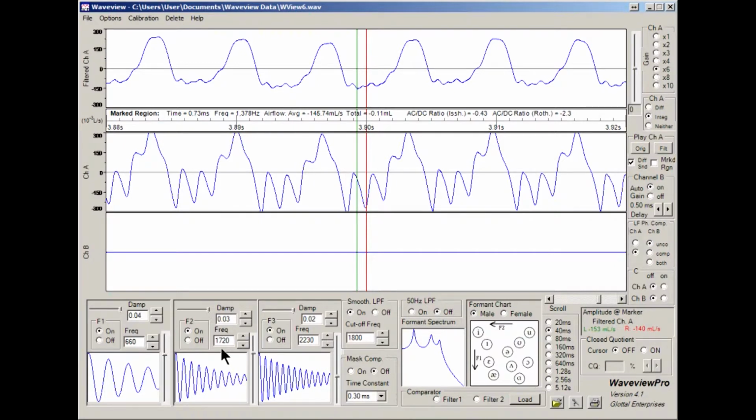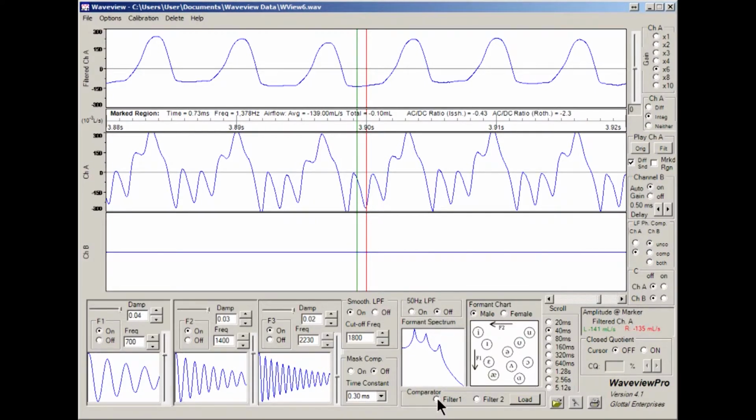It was 1720, and it was really supposed to be around 1400. And the other vowel actually is not too accurate either. So this is just an approximation. Okay, thank you.